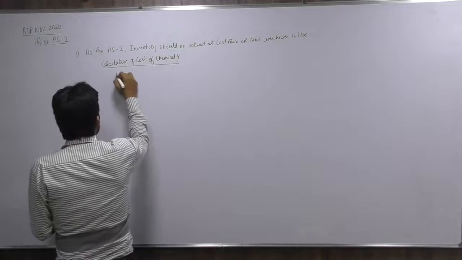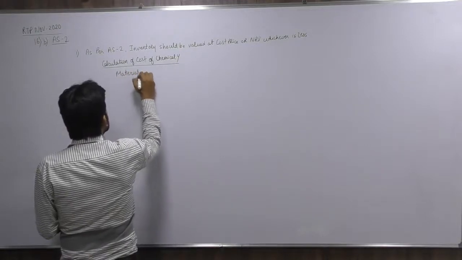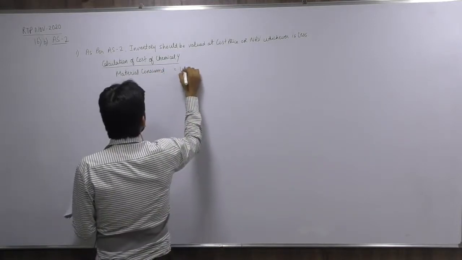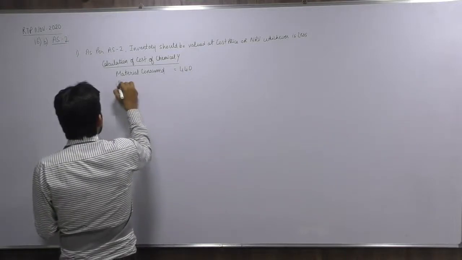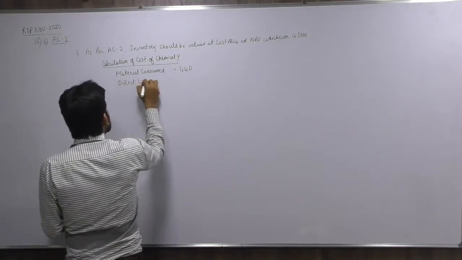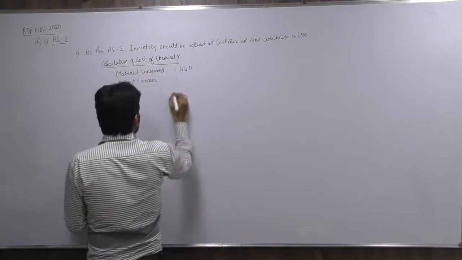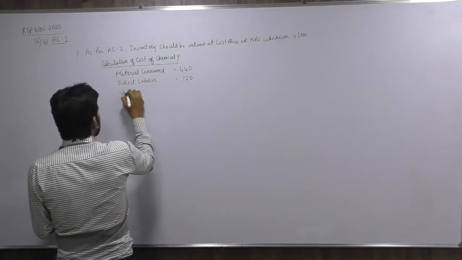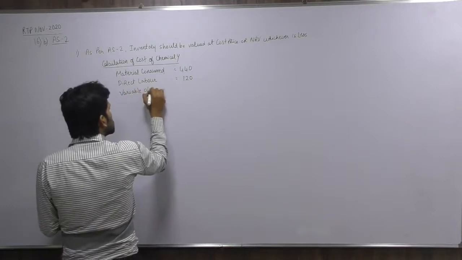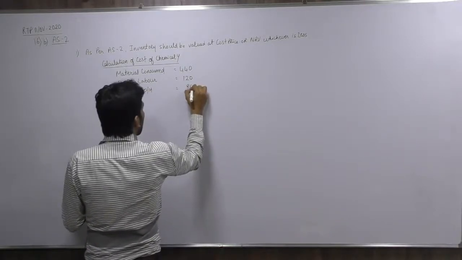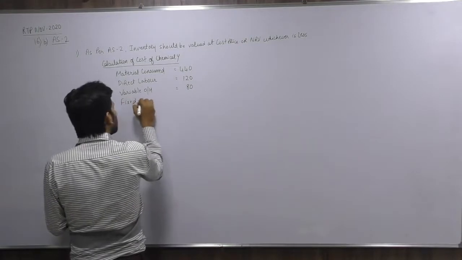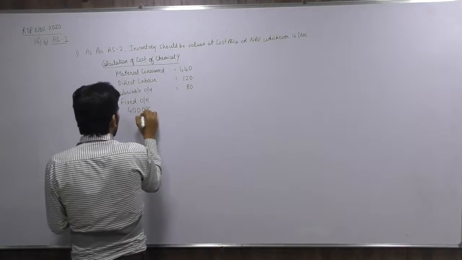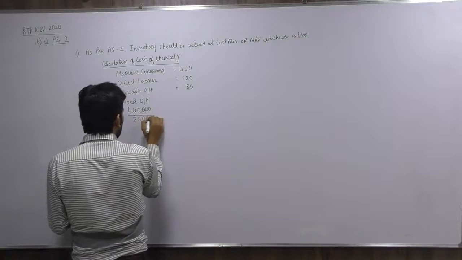What all is given? Material consumed ₹440, direct labour ₹120, variable overheads ₹80, and fixed overheads. This will be 4 lakh divided by 25,000 units, normal capacity.